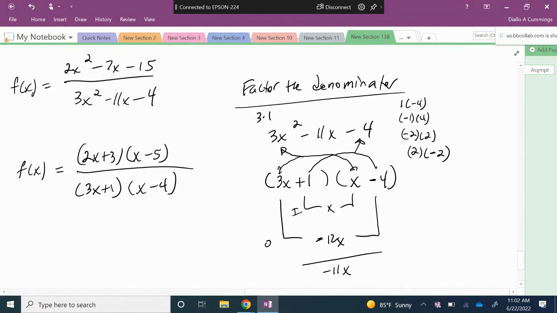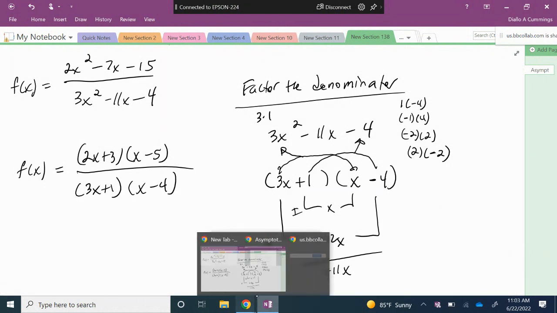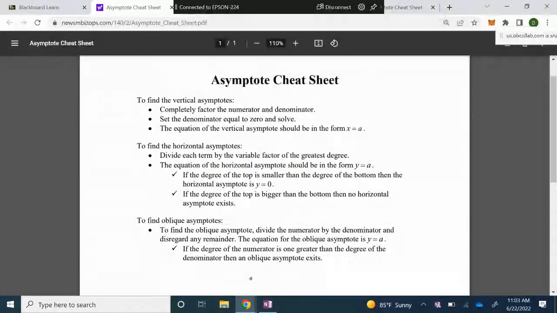Now that we have the numerator and the denominator completely factored, we want to cancel any common terms if possible. Notice I don't have any common terms, so I can't cancel anything. Going back to the cheat sheet, it says now we set the denominator equal to 0 and solve.